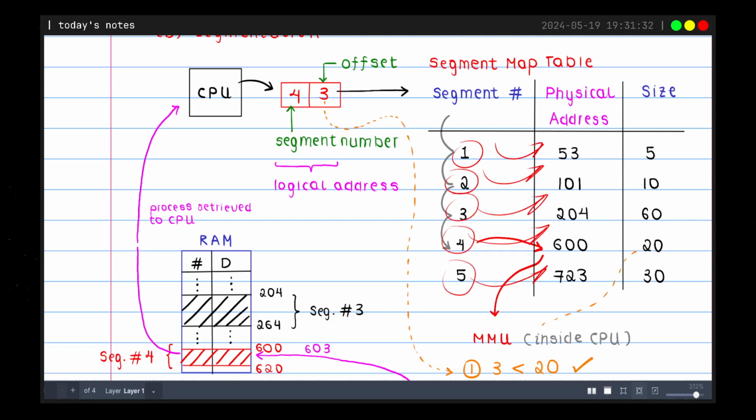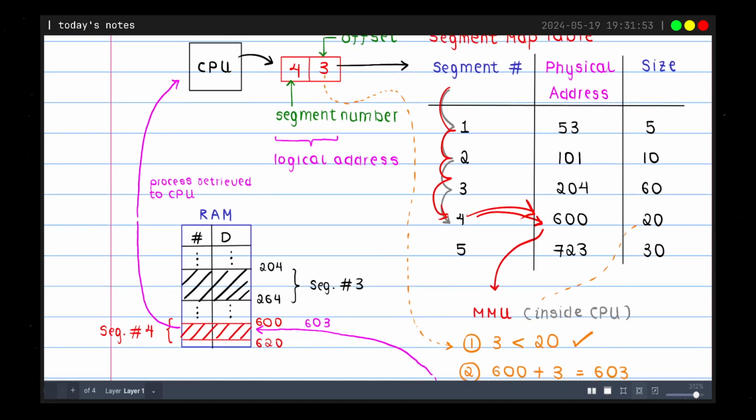And also their sizes. We'll see how the sizes are important later. Now, the memory management unit on behalf of the CPU will look up segment number 4 in the segment map table, searching one by one to get to 4, and then locate that its physical memory address is 600. Once it finds 600, the MMU will retrieve that 600.